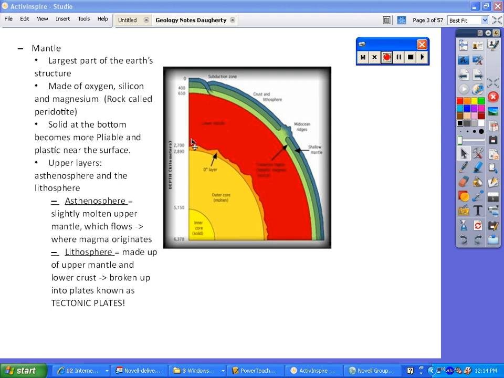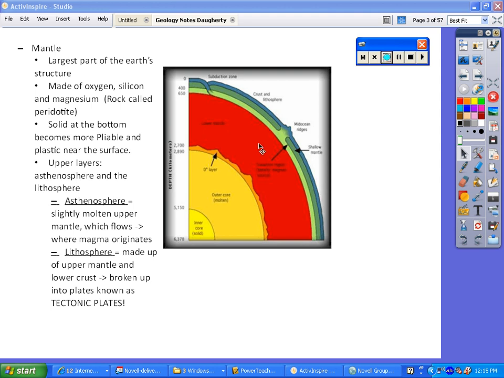Now, something we need to understand, this is actually going to be really important when we get into our plate tectonics here in a second. At the bottom, it is solid, but as we get closer to the top, as it says here, it's going to become more plastic because it's going to be molten. And this molten mantle is what's going to actually move these slabs of rock around up here.